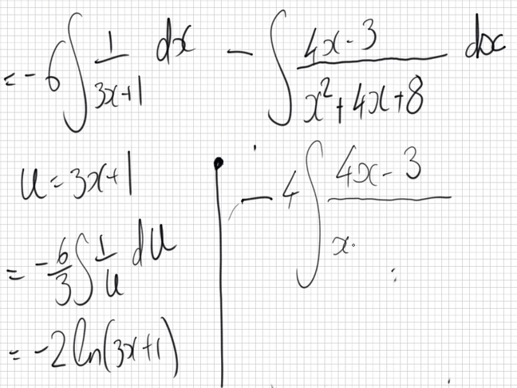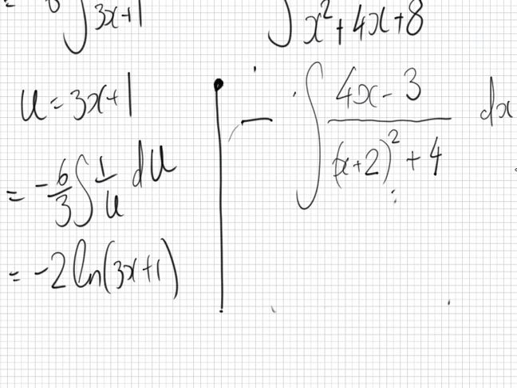So this would be x plus 2 squared minus 8. Sorry, plus, this would be plus 4. So what I did there was complete the square.